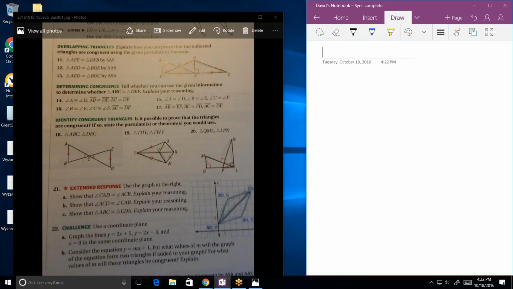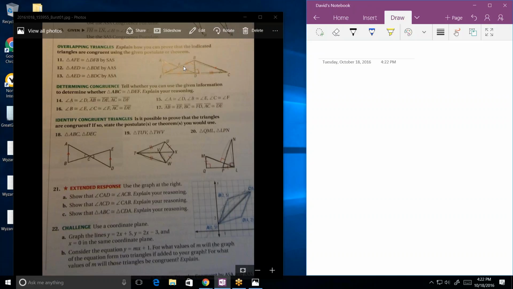Is it angle, side, or is it side, angle, side? Oh, sorry, it's side, angle, side. Correct, because the only angle we know is this vertical angle right here. In other words, we know that AF equals FD, and we know that EF equals FB. So I think it'd be side, angle, though.